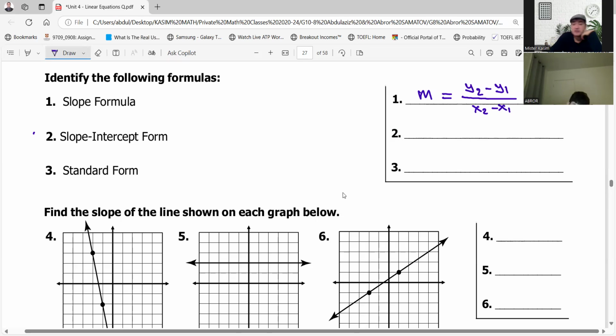What is the slope intercept form? Why? How come you don't know? We practiced a lot, bro. How can you forget everything? We learned only three, four things: slope, slope intercept form, and standard form, right? Before you say I don't know, think. Try to remember.